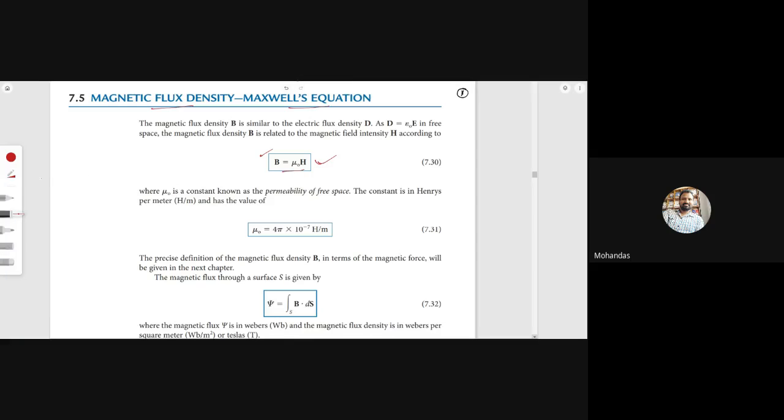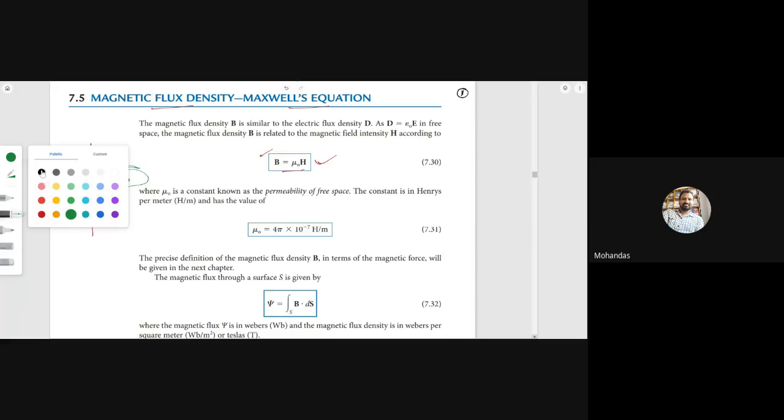Suppose there is a current carrying conductor like this, with current flowing in the outward direction. Now, how do the magnetic flux lines exist? These are the magnetic flux lines phi, which are rotational in nature.